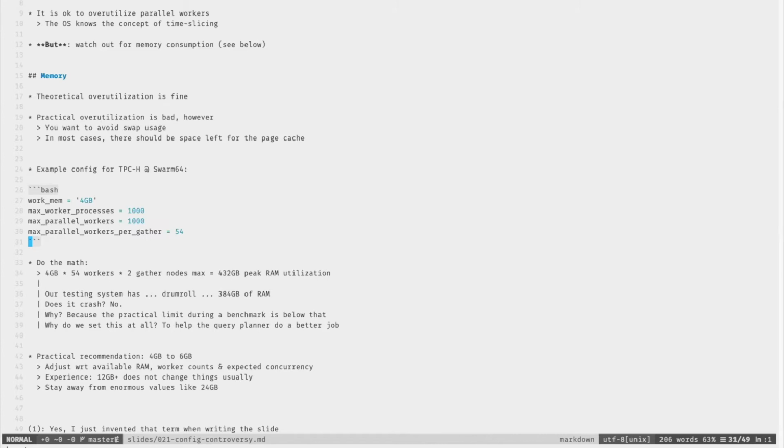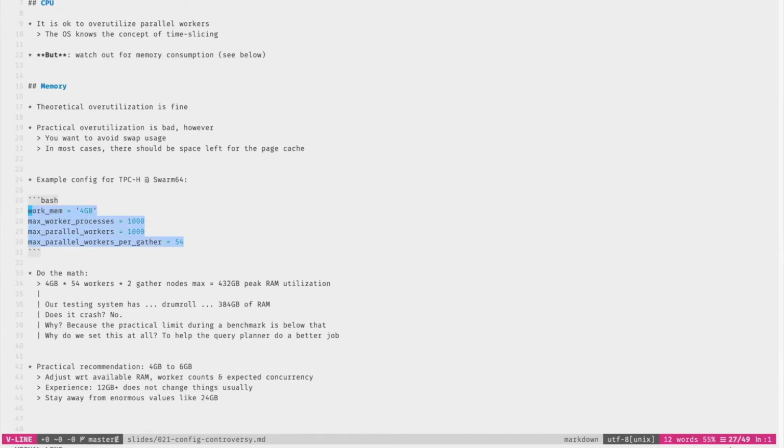Then you also have to adapt it to the circumstances your system works in. How many queries do you typically run in parallel? Maybe you have to adjust it to that. But feel free to start with a higher value here and really try to drive the system to the limits.